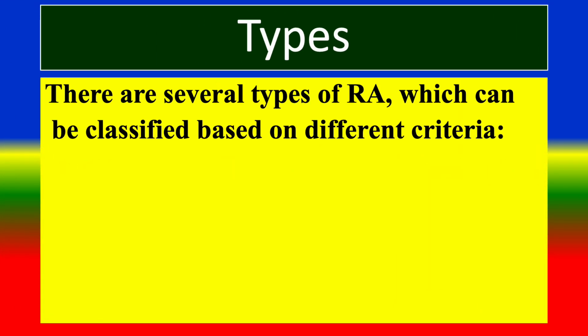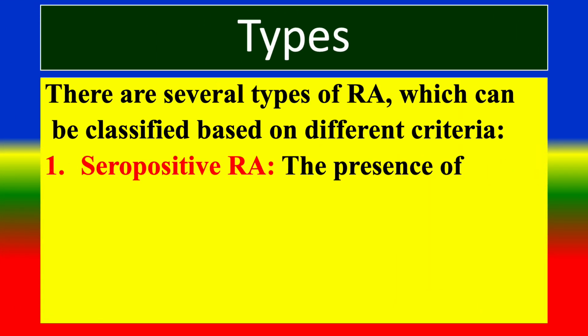Types: there are several types of RA which can be classified based on different criteria. 1.